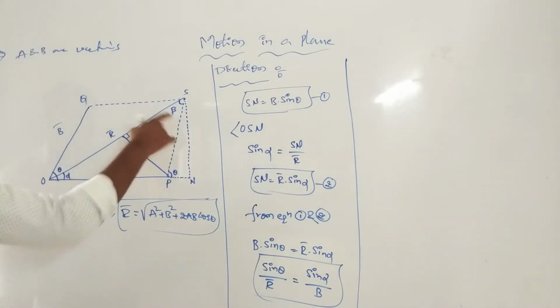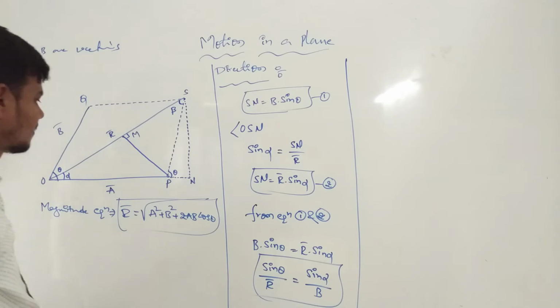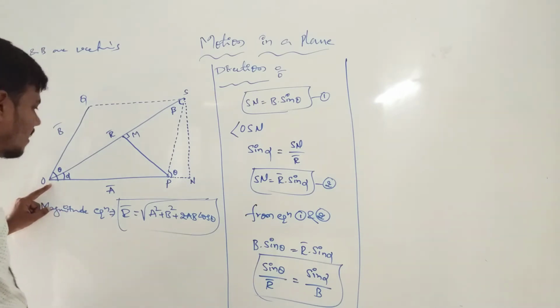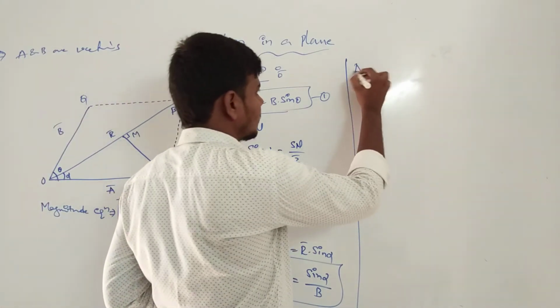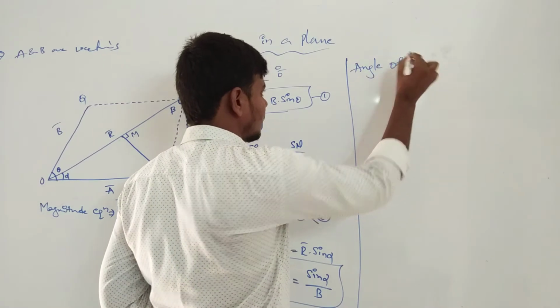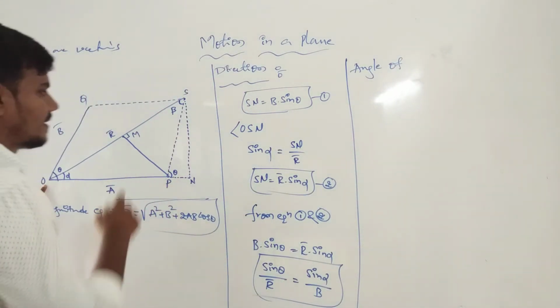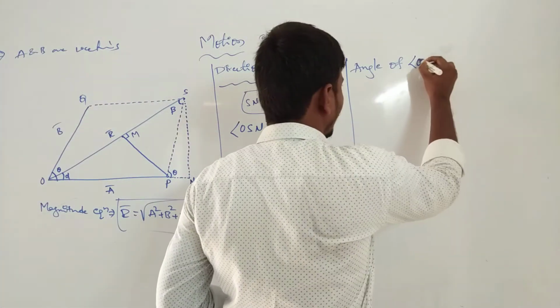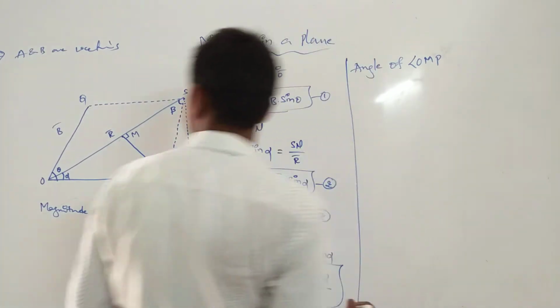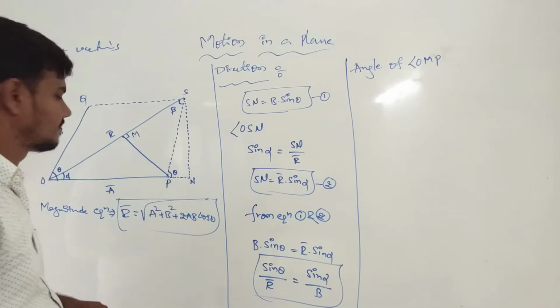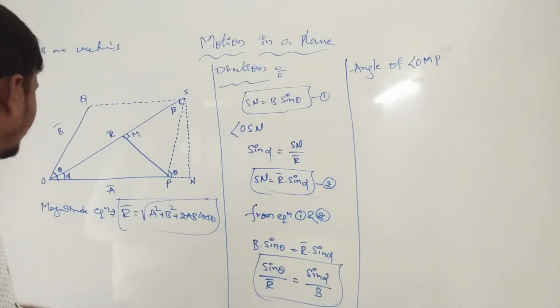Alpha again beta. Clear? Now we are using angle OMP. Okay? Clear one? Right, sin alpha is equal to sin alpha.